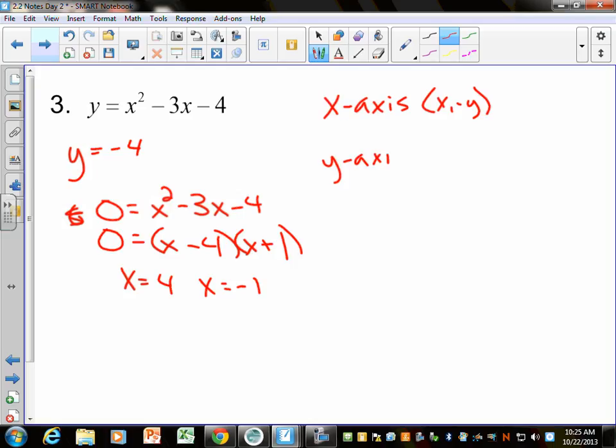The big thing is when we have our quiz in here, when we have the unit test in here, you have to make sure you know which one's negative. And again, I don't ever really memorize it. Like when I'm writing this on the board, I think in my head, x-axis, which one changes? Oh, the y changes. Y-axis, oh, the x changes. So just visualize what it is, and then you don't really have to feel like you're memorizing it.